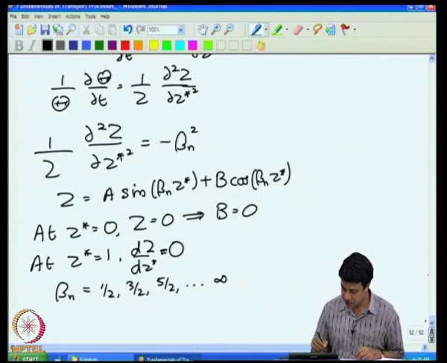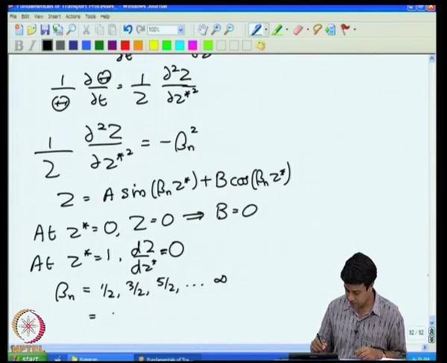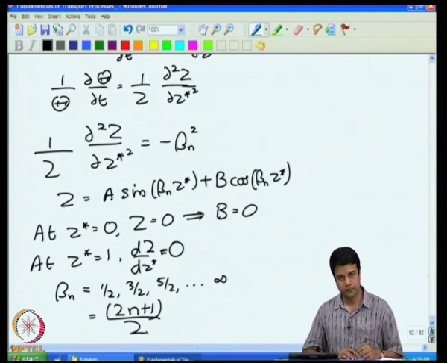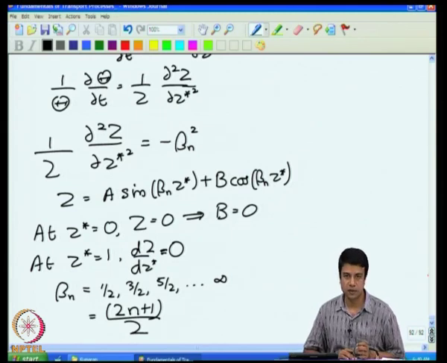I can write this compactly as 2n plus 1 by 2 times pi. So, for n is equal to 0, it is half, for n is equal to 1, it is 3 by 2, n is equal to 2, it is 5 by 2, and so on.